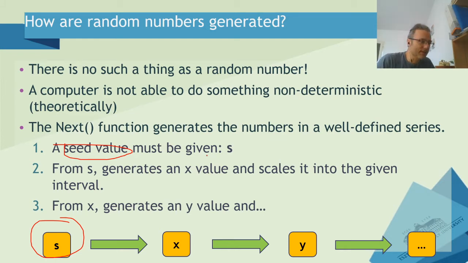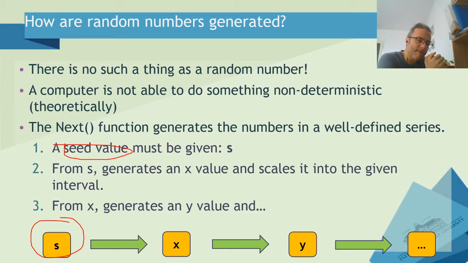Of course, if you specify what the seed value should be, the sequence always starts at that point. So you get the same numbers again and again and again. This is why I generated the same numbers with my program.